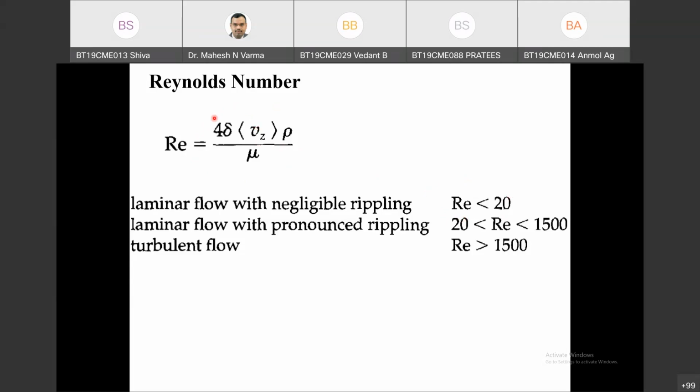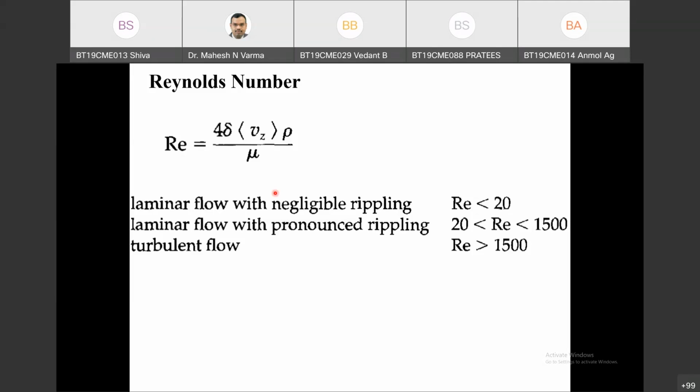Whoever gave this modeling approach first defined 4 into delta as a characteristic length, and the average velocity. This is the average velocity, not the maximum velocity. This is the average velocity in the x direction. In the previous case we discussed, the characteristic length was used from the starting point.